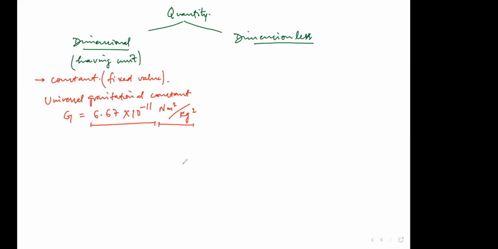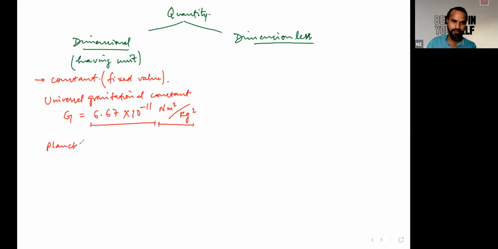Yes, sir. Similarly, Planck's constant is represented by h, and it is equal to 6.626 into 10 to the power minus 34 Joule second.